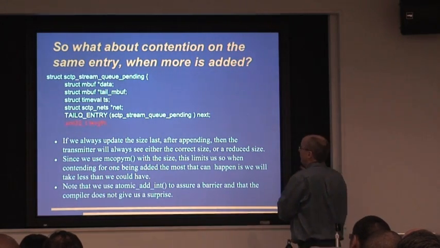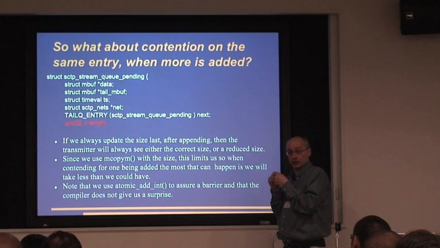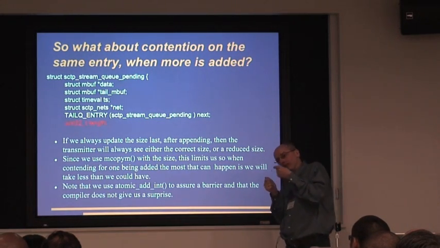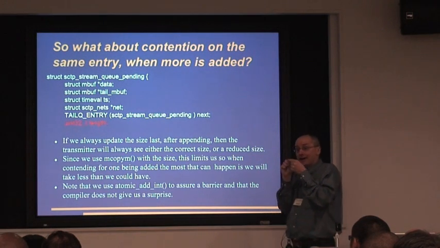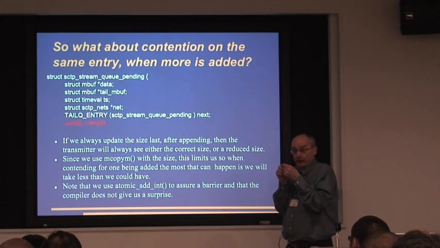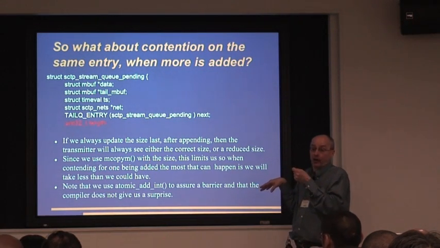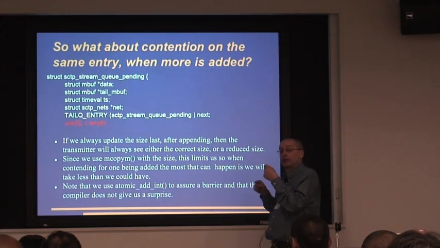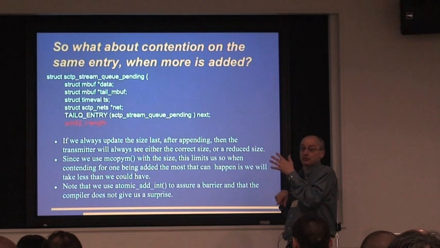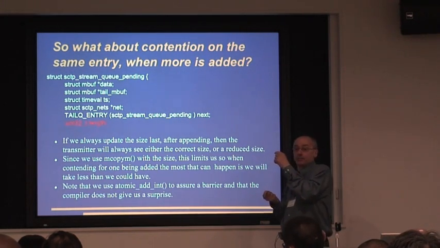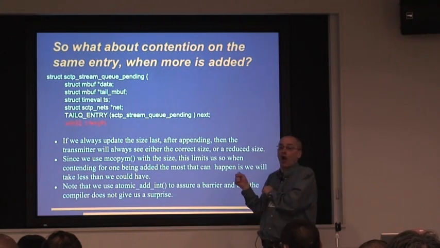But basically, if you look at the length first and make your decision, you'll never go wrong, because if you look at it first, you might see that it's shorter than it really is. The guy added more, and I might take a lock that I shouldn't have taken. But what I was doing was looking at the length later, and that caused a problem because the addition got added before, and I made a decision not to lock, and then it wasn't safe.